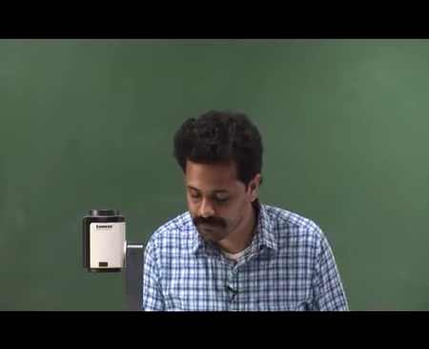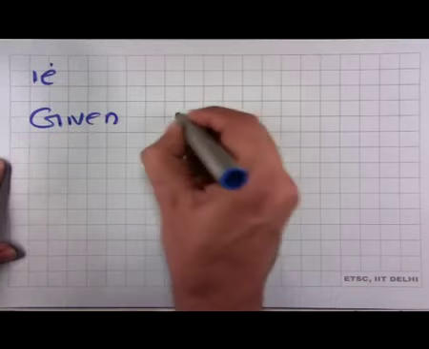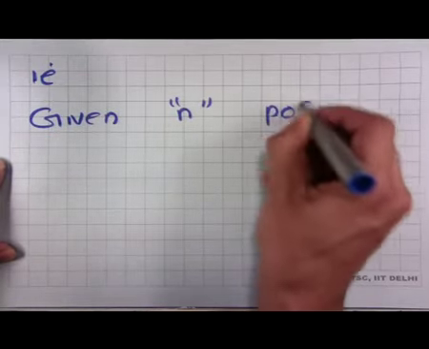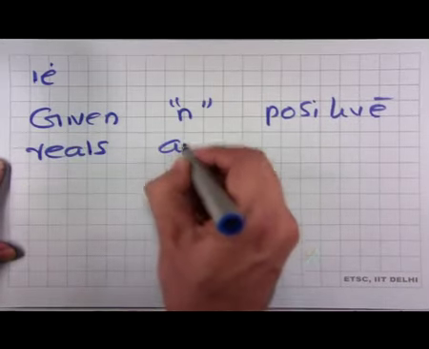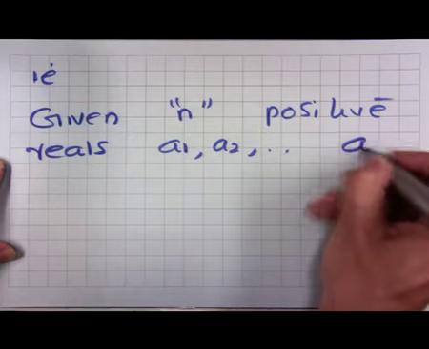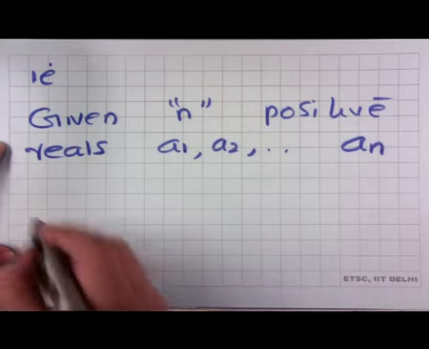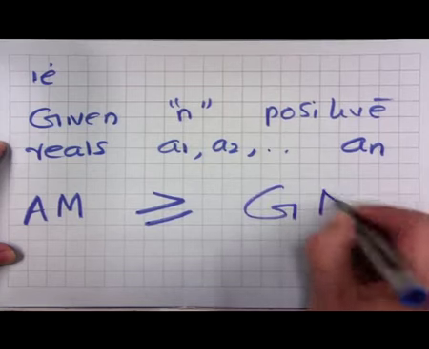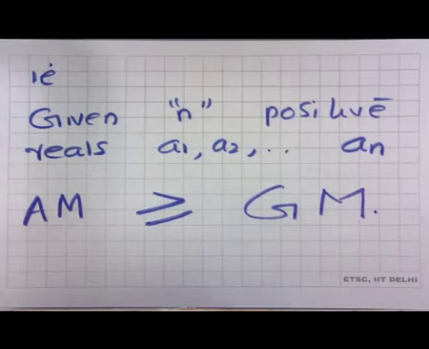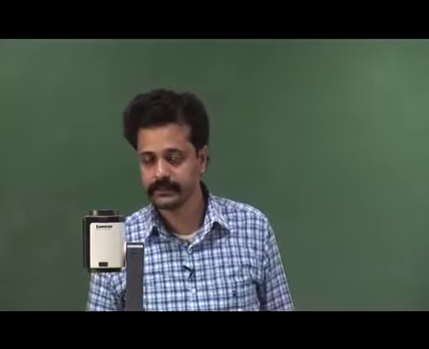That is, given n positive reals, a1, a2 and so on an, the arithmetic mean of these n numbers is always greater than or equal to the geometric mean. It will be a nice exercise to establish this inequality.